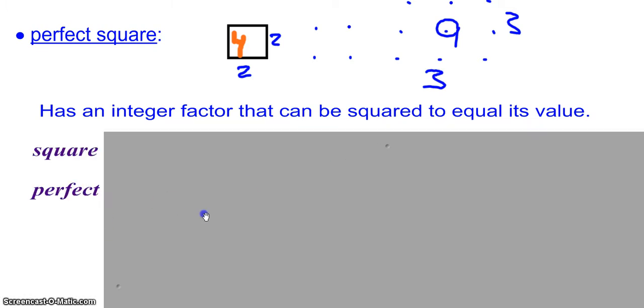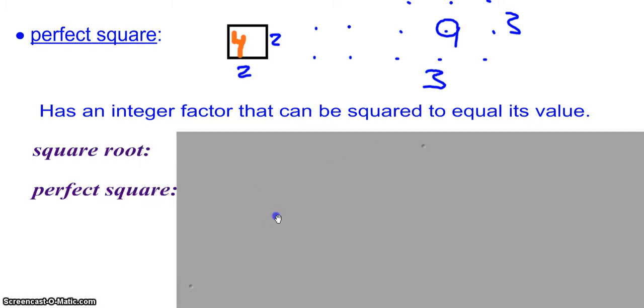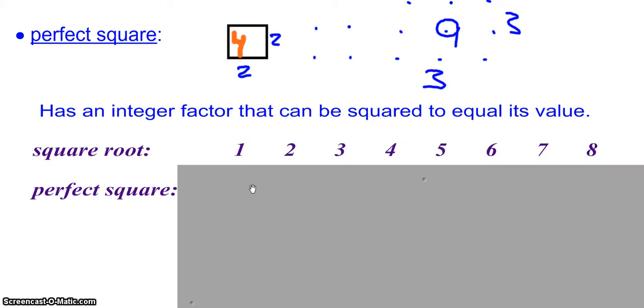So let's take a look at perfect square numbers and the number that was squared to create them. We can take the first 8 counting numbers, 1 through 8, and if we square each one of these, we will create perfect square numbers. 1 squared is 1. 2 squared is 4.